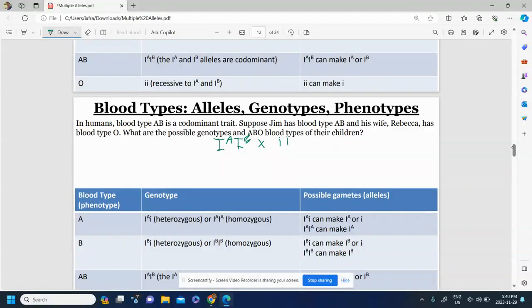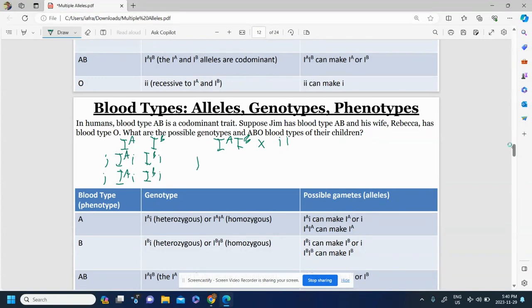So we're simply going to make a Punnett square. So we'll do IA, IB from Jim. That's a sperm you can make. Rebecca can make little i, little i. And we're going to do the fertilization: IAi, IAi, IBi, and IBi. So what are the possible genotypes?